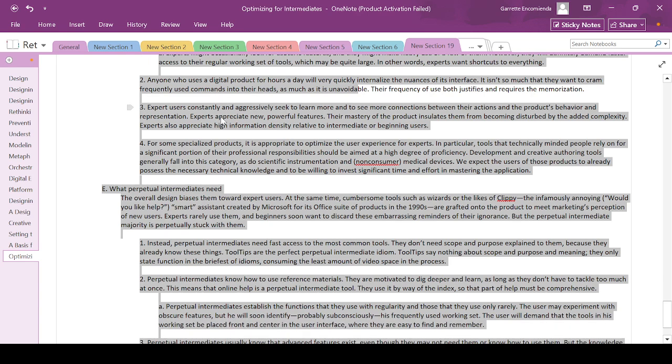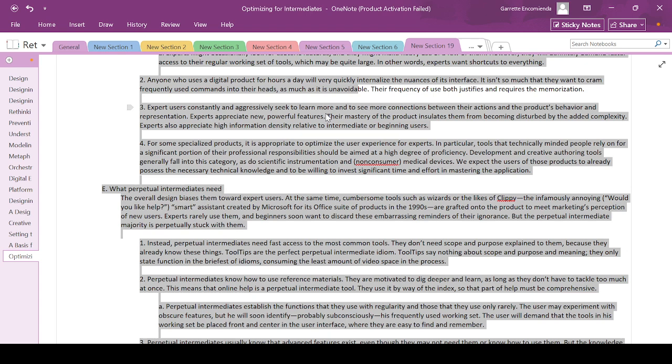Anyone who uses a digital product for hours a day will very quickly internalize the nuances of its interface. It isn't so much that they want to cram frequently used commands into their heads as much as it is unavoidable because you're using it every day. We all learn by doing, and also from cause and effect.